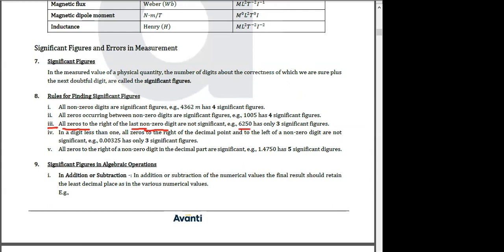Okay. Let us see with decimal. Let us see some examples to make you understand. 35.500.